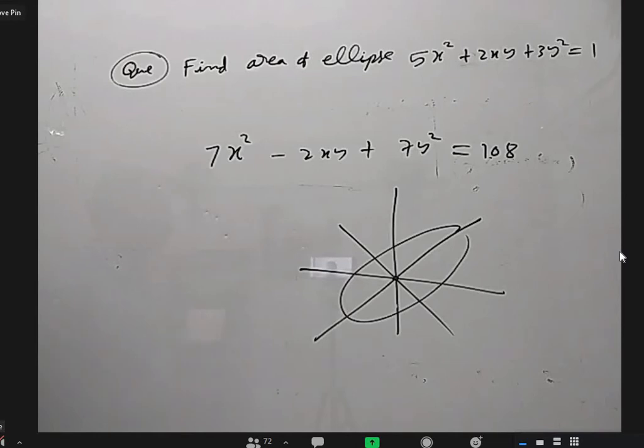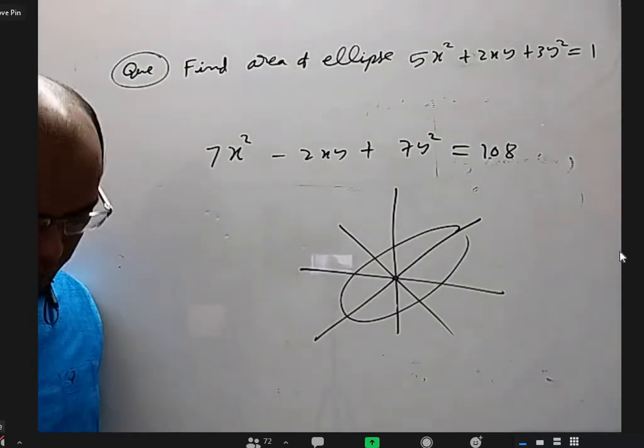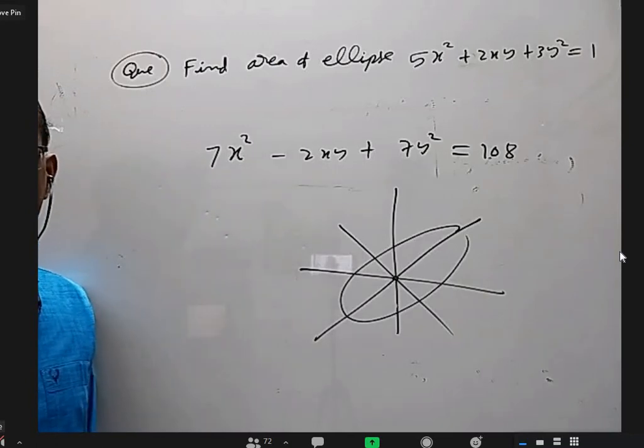Sir, here x square and y square coefficients are equal. Okay. Anything more?